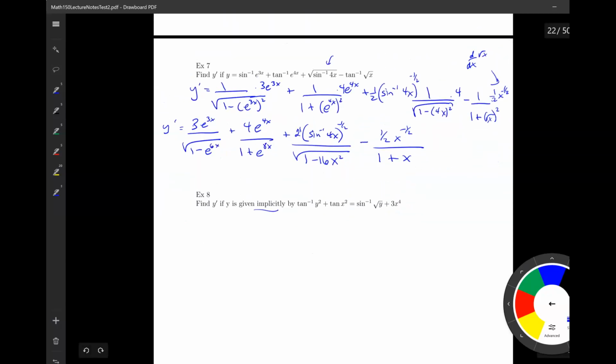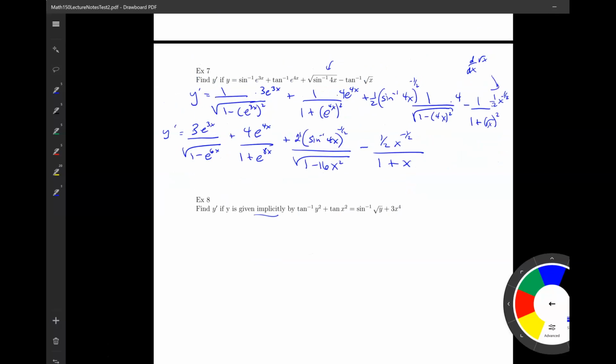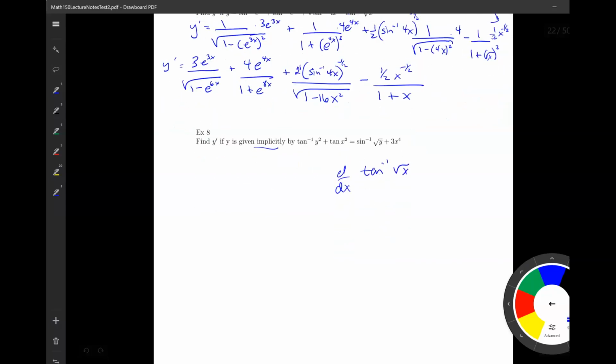All right, so let me just make a comment about this derivative of arctangent of root x. If I was to just write 1 plus and then think, oh yeah, the root x squared is x, I might think I'm done, because you might think, incorrectly, oh, the derivative of x, that just gives you 1, right?